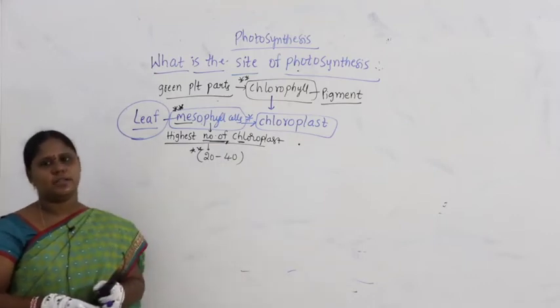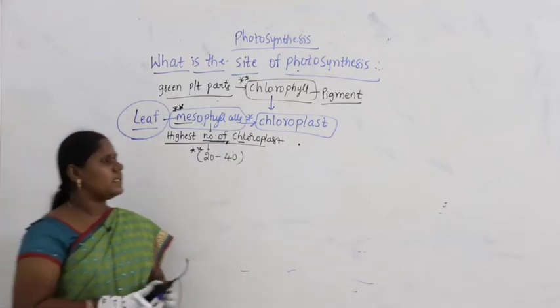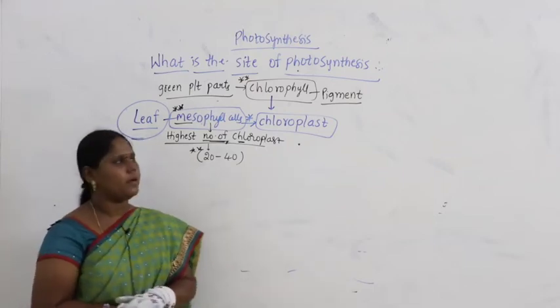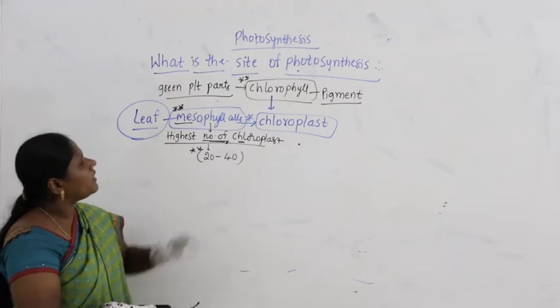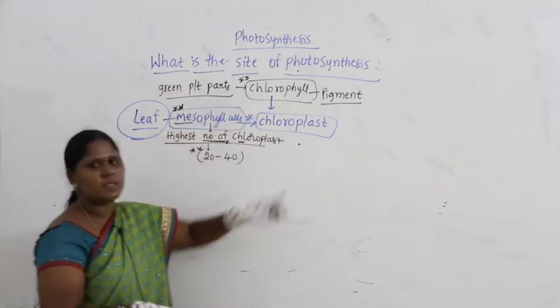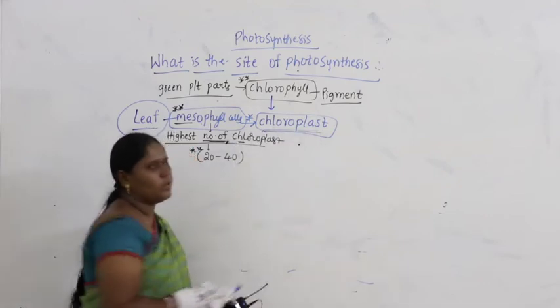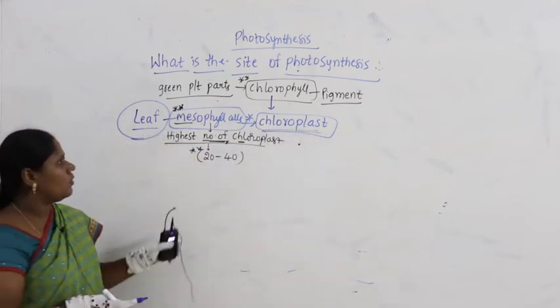You need to recollect it. That is why I say first year basics are very important. So what is the site of photosynthesis? Finally we have come back to chloroplast.